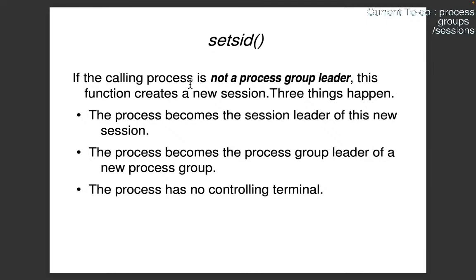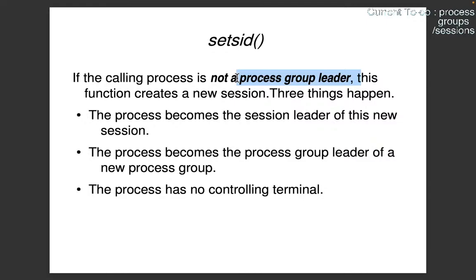The process becomes a session leader of this new session. The process becomes the process group leader of a new process group. So this is the condition that is haunting us. It should not be a process group leader because when the function creates a new session, the process becomes the process group leader of a new process group, and the process has no controlling terminal.